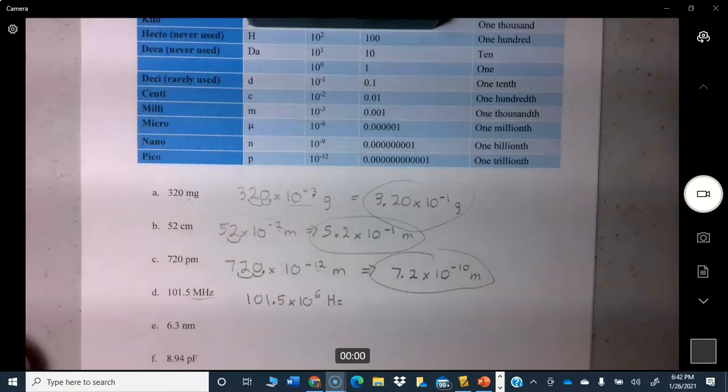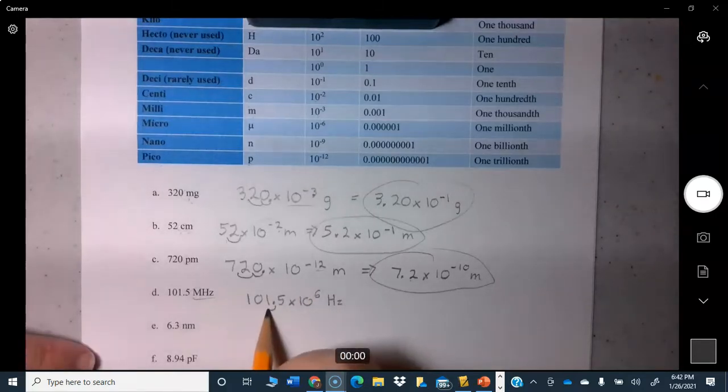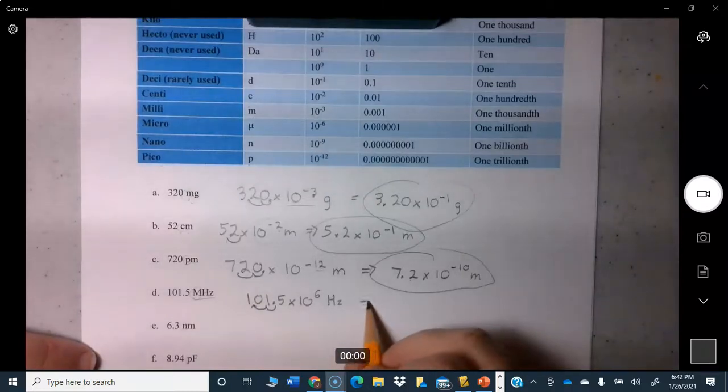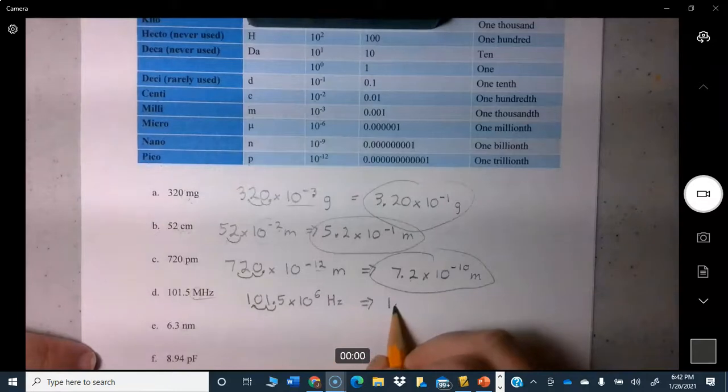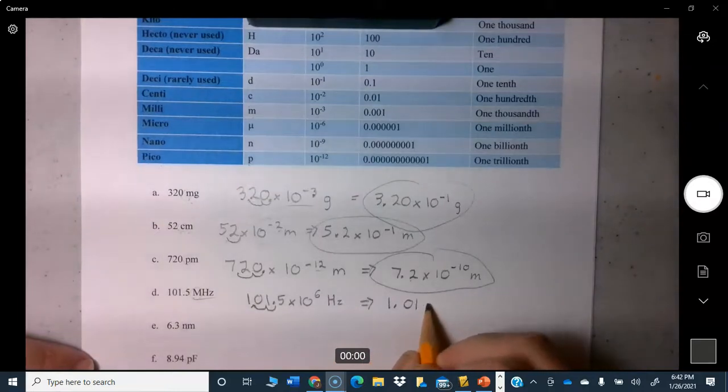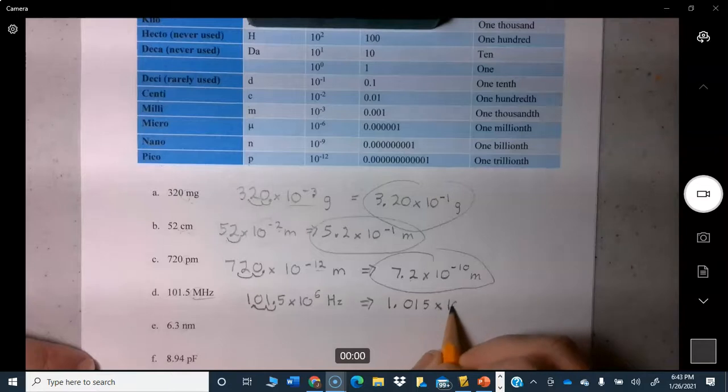Okay, there it is. Now again, you may want to keep this in megahertz form, 10 to the 6. You may not want to change that, but just for practice, let's do it. So this is going to move over 2 spots right there to become 1.015. Times 10 to the.